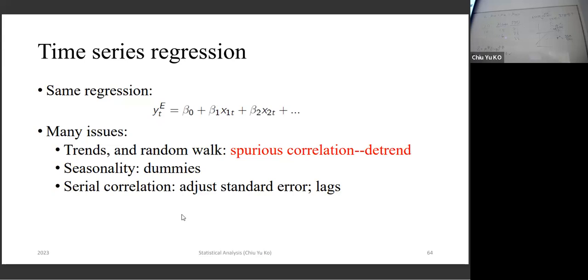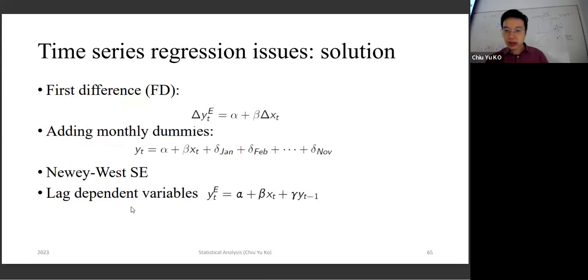Okay. Seasonality, later you'll see, you just add a dummy. It's a very simple idea. Let's go to that. Suppose you have monthly data, you just add a dummy, which is 1 if the data is from January.